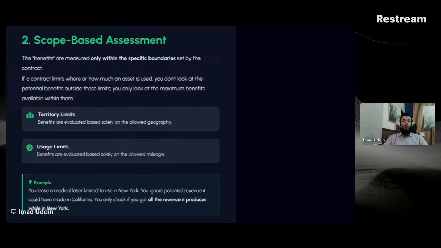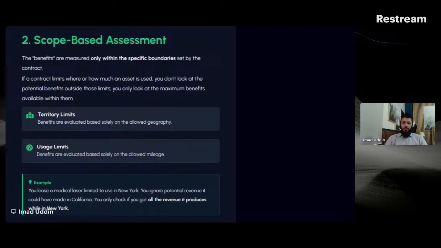So you're not looking at what the asset can maximally produce. Rather, we have to see to what extent the contract has scoped my access to, and my benefits from, that asset, and from within the contract scope, how much am I able to utilize it.